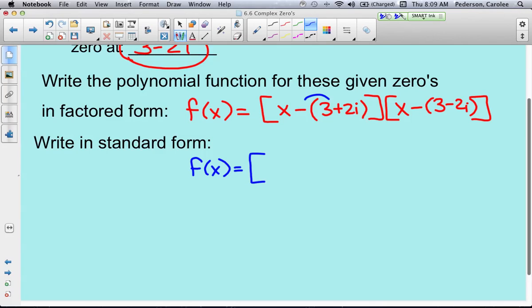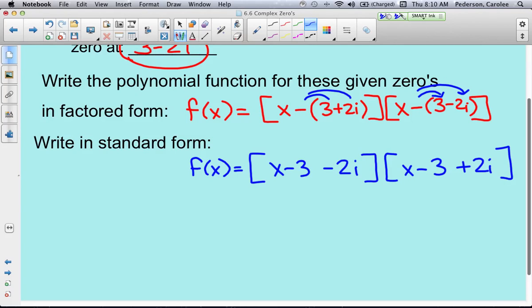So I distribute the negative through. So I get x minus 3 and then minus 2i. Distribute the negative through. x minus 3 plus 2i. Now what I do in these problems is I group the real pieces together, the x minus 3's together, and the x minus 3's together.